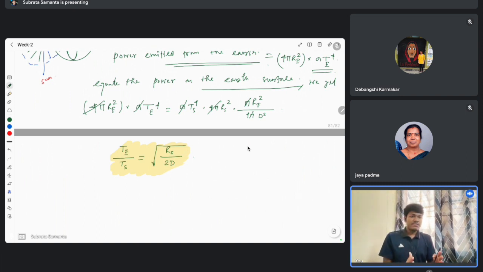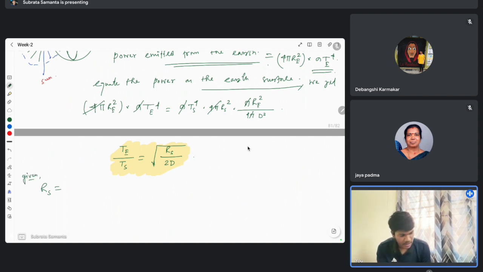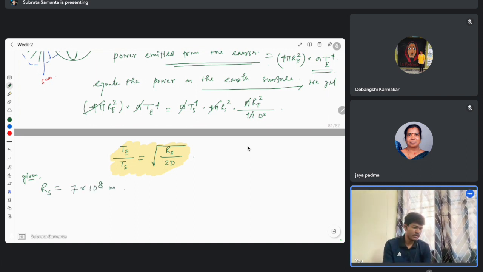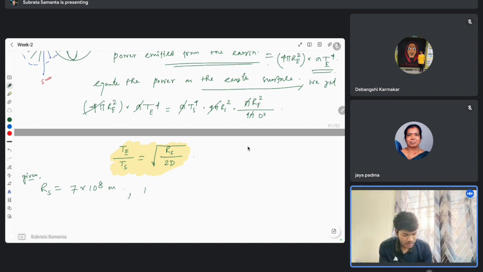So now d is the distance between the Earth and sun. Let's do it on a specific example. Putting the numbers, let's say R sun is given as 7 times 10 to the power 8 meter, the radius of the sun. And what about d, the distance between Earth and sun?